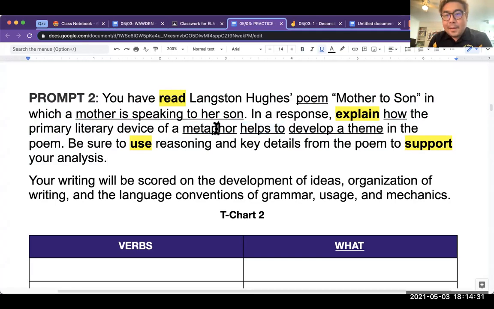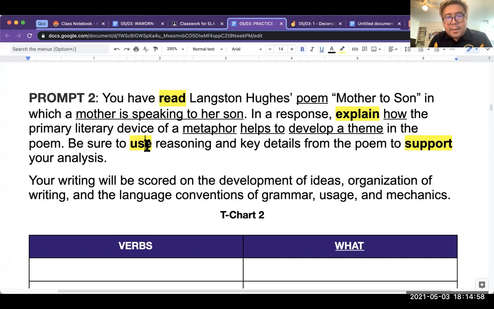Okay? Well, let's just say no, you should know what metaphor is. It's figurative language, right? It's something that you have studied for several years now since elementary school. It's not a simile. It's close to a simile, but it's something else, right? So we're explaining, that's the verb, how a metaphor helps to develop a theme.